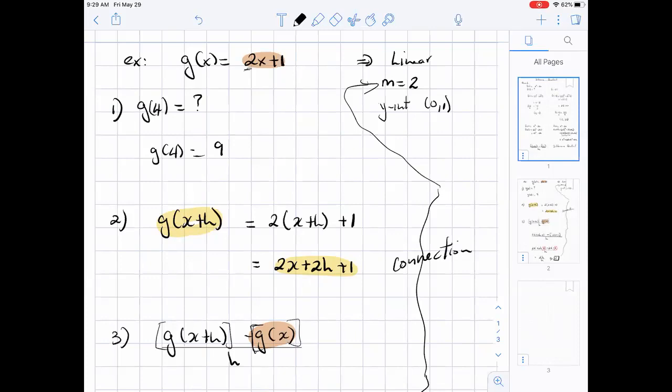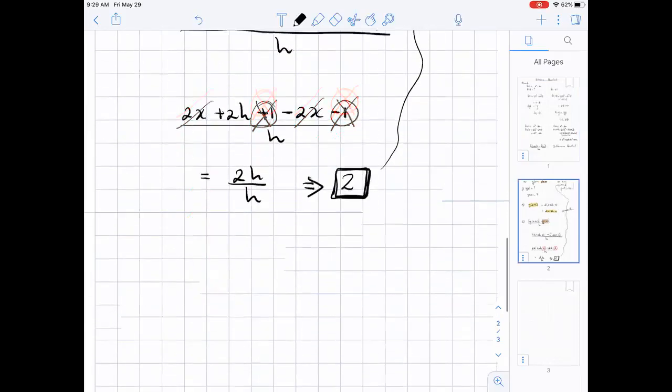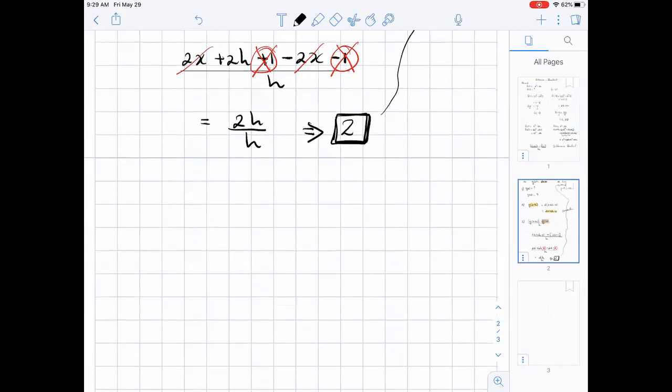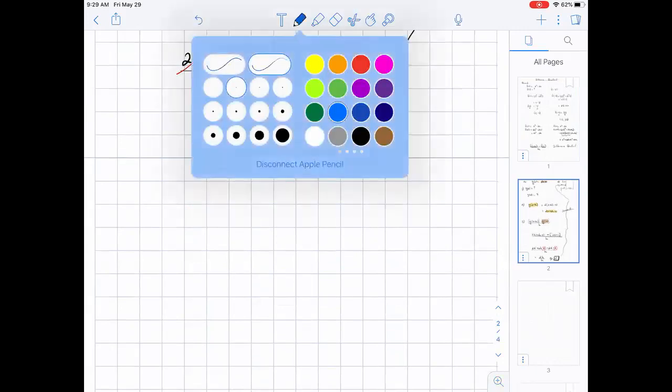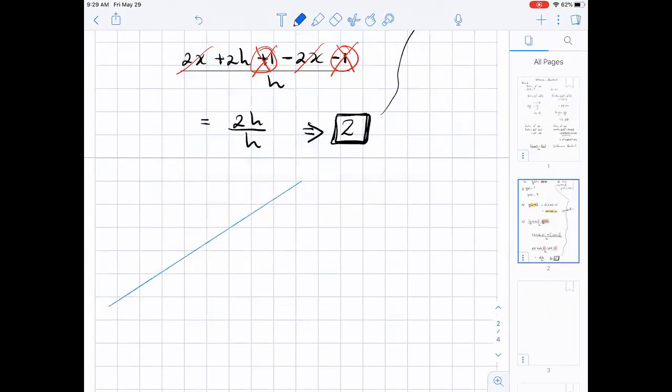If the line is not linear, the slope is different at every single point on the line. When a line is linear, if m is equal to 5 here, m is equal to 5 here, m is equal to 5 at any point on the line. Doesn't matter where it is. The slope is consistent at every single point for a linear line.